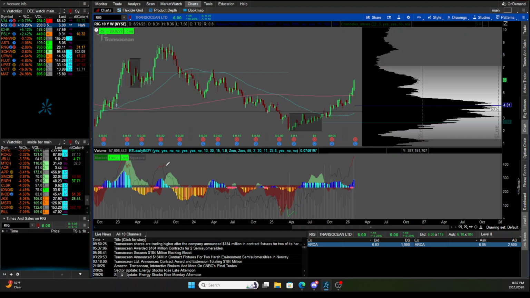RSI is a pretty universal tool for a lot of people. I have a couple places on my chart. I have the number up here on the chart as well, and then color coded here. Here I just need to know if it's 40, 50, 60, 70. I don't need to know the exact number. Just a quick simple glance of the RSI over there.